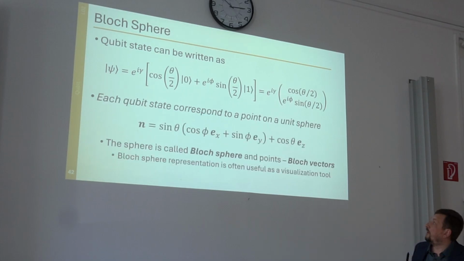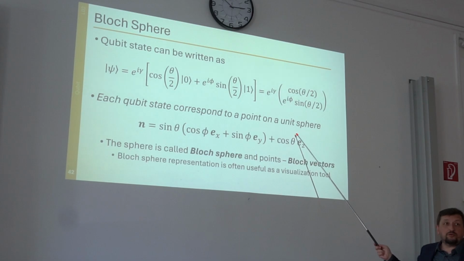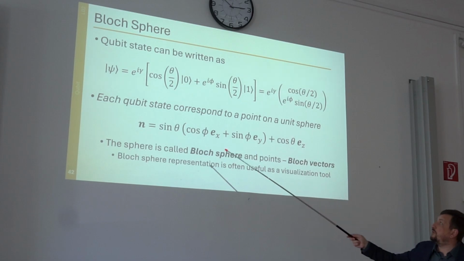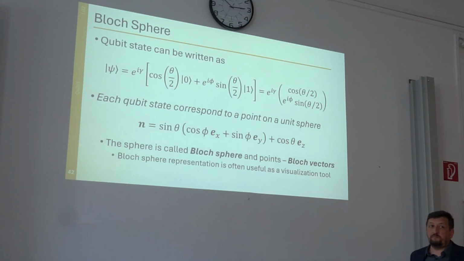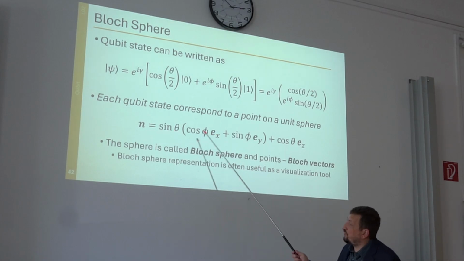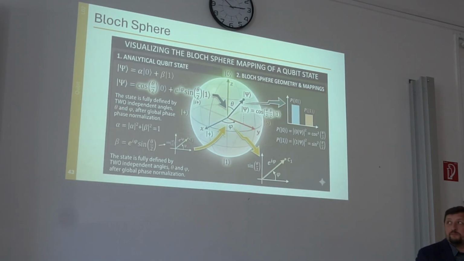So each qubit state corresponds to a unit vector pointing on a unit sphere, defined by the angles theta and phi. Such a sphere is called the Bloch sphere, and such vectors that correspond to qubit states are called Bloch vectors.